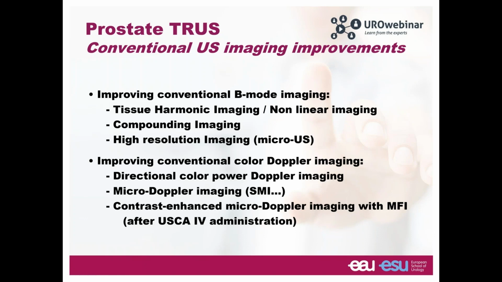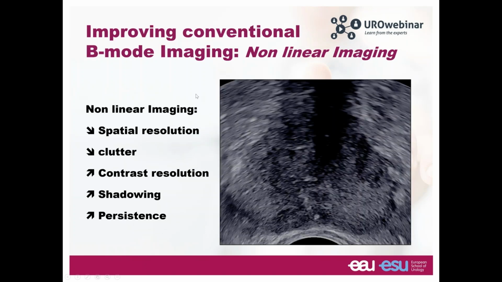Color Doppler also has been improved. I will try to show you how much these improvements are changing our vision of prostate cancer. Nonlinear imaging is mainly improving contrast, resolution, and persistence.